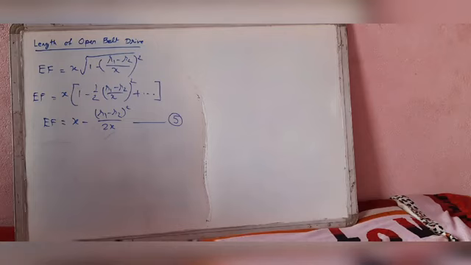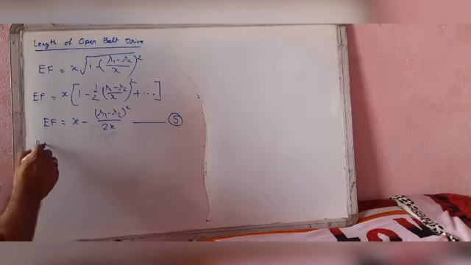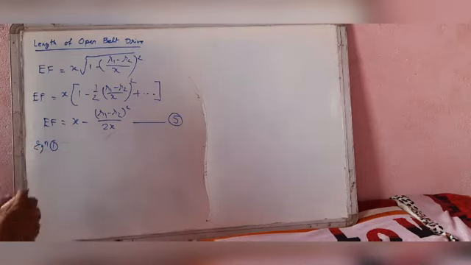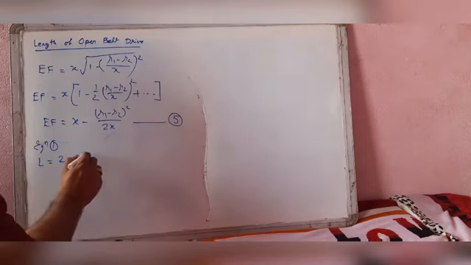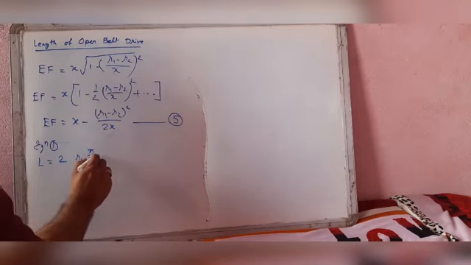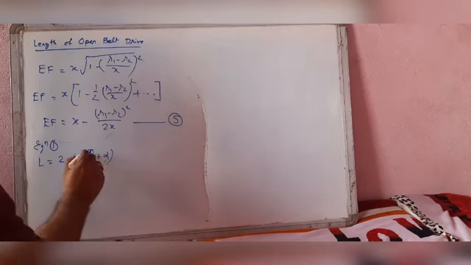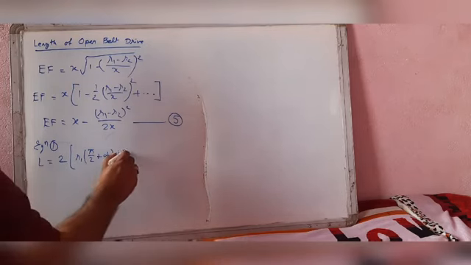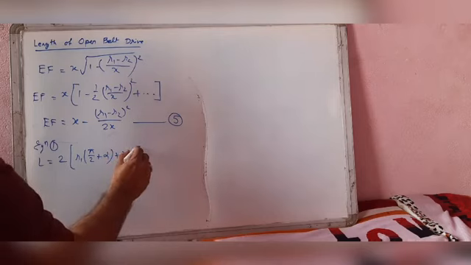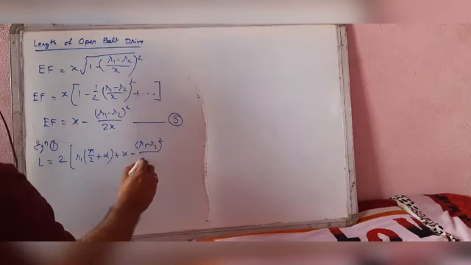Now substituting the value of arc JE from equation 3, arc FK from equation 4 and EF from equation 5 in equation number 1, putting the values of all, L equals 2 times R1 into pi by 2 plus alpha, plus R2 into pi by 2 minus alpha, plus X minus (R1 minus R2) squared by 2X.